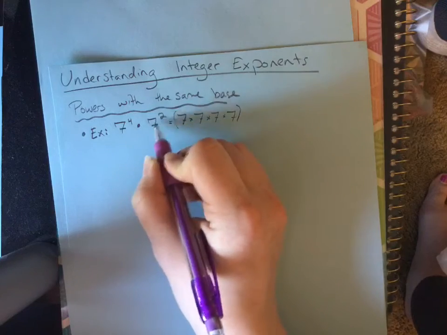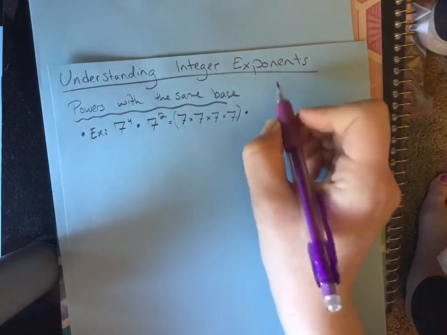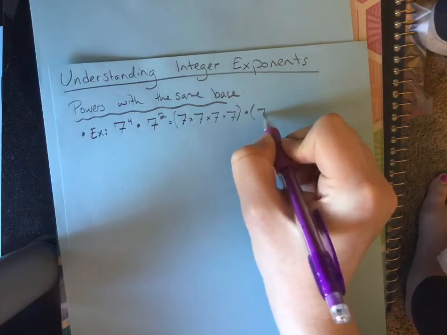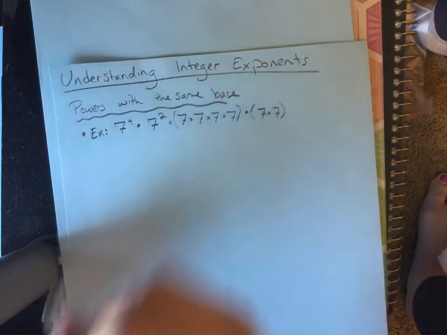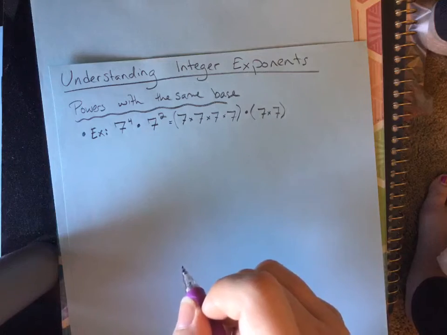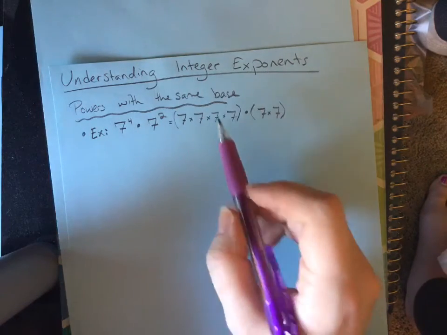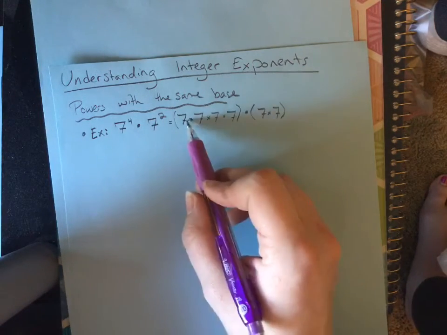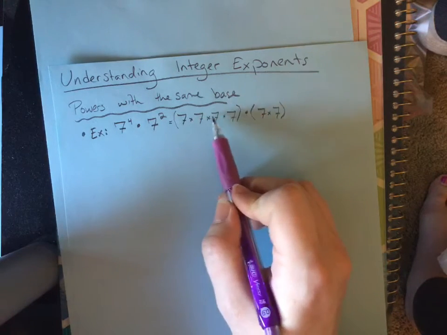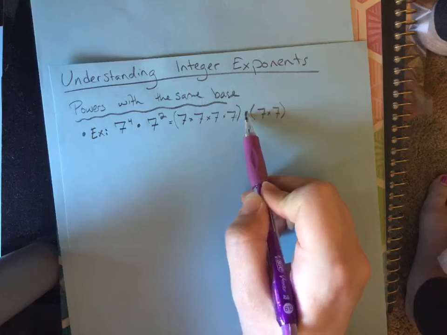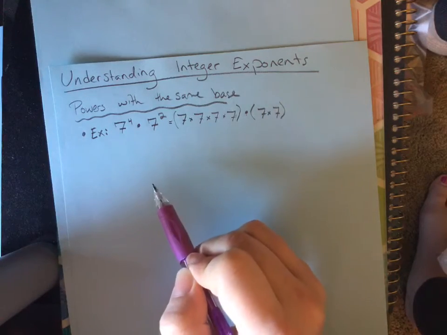And then this 7 to the 2nd power, it's going to look really similar. It's going to be 7 times 7. We'll see our 7 appear twice. And now you can see something. Well, this is just multiplication. So I've got 7 times 7 times 7 times 7 times 7 times 7.